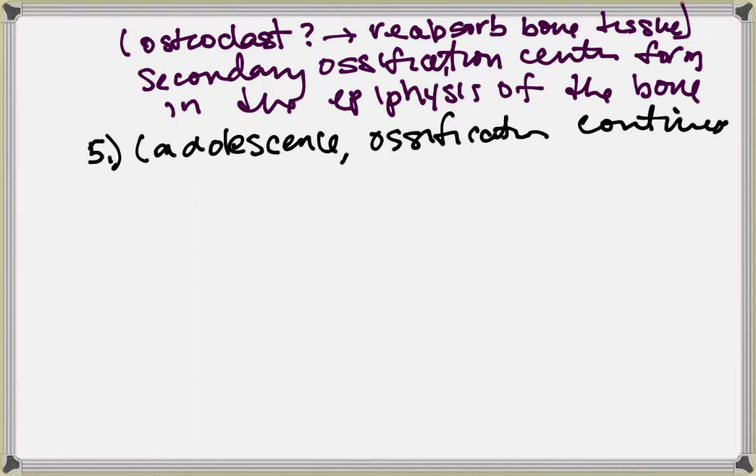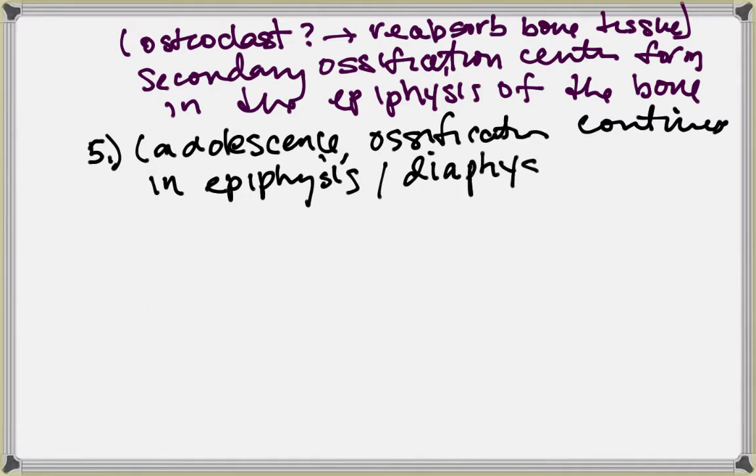So the ossification centers continue in the epiphysis and the diaphysis. So on the ends and through the shaft. And this will happen until only 2 areas of hyaline cartilage exist.